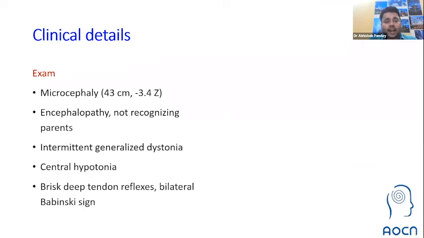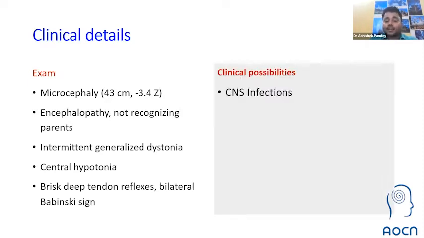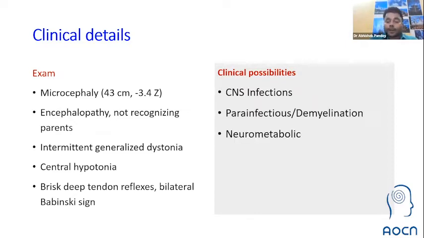On examination, the child had microcephaly, and at the time of examination, the child had an encephalopathy and was not recognizing the parents. There was intermittent generalized dystonia with central hypotonia, and deep tendon reflexes were brisk with bilateral Babinski sign. So we kept the clinical possibilities of a CNS infection, parainfectious, and neurometabolic.